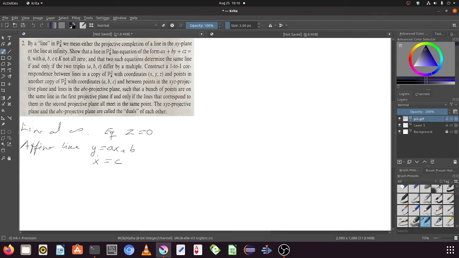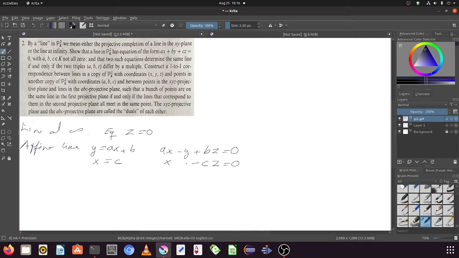So if we take one like this and then write it in the form ax minus y plus bz equals naught, and this one, of course, x minus cz equals naught.